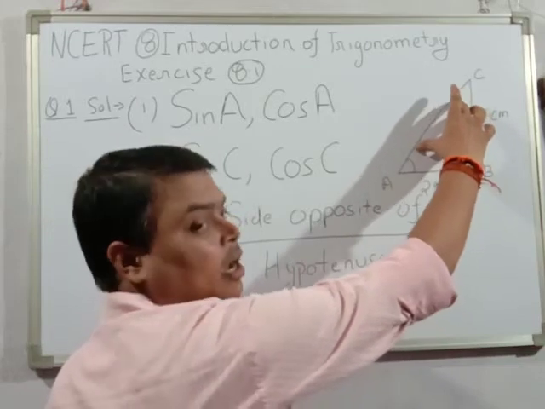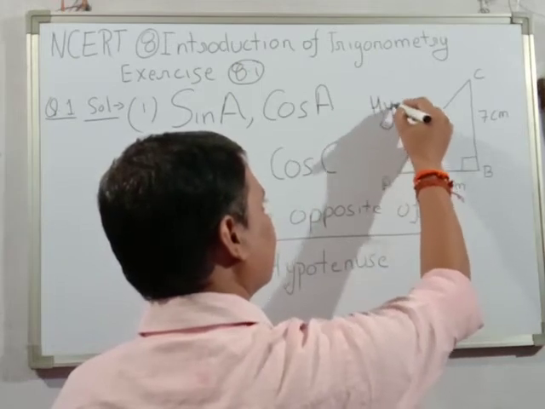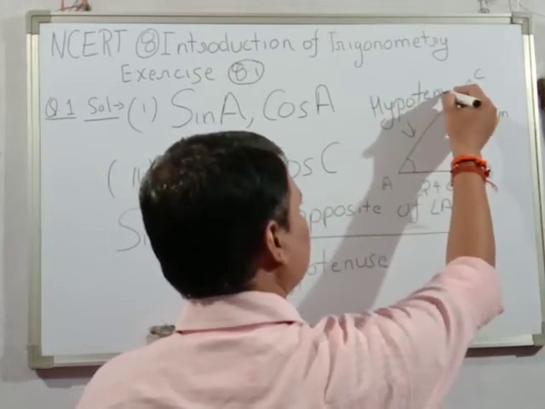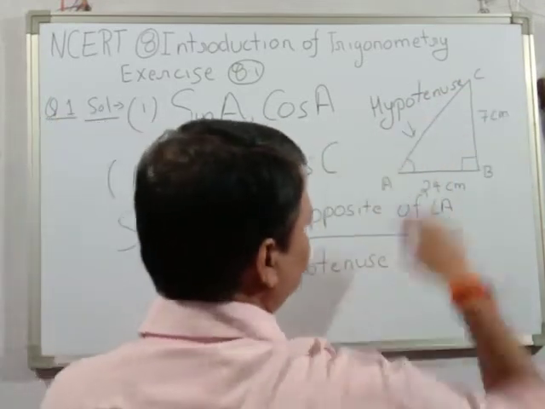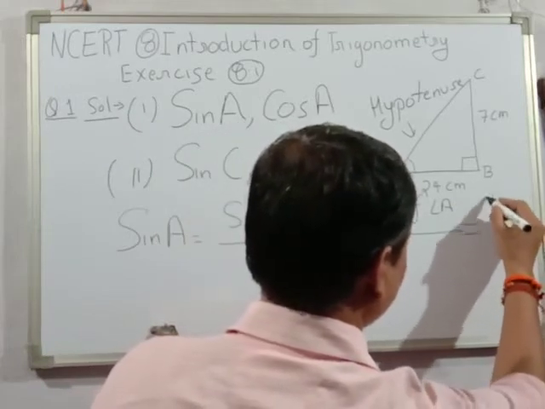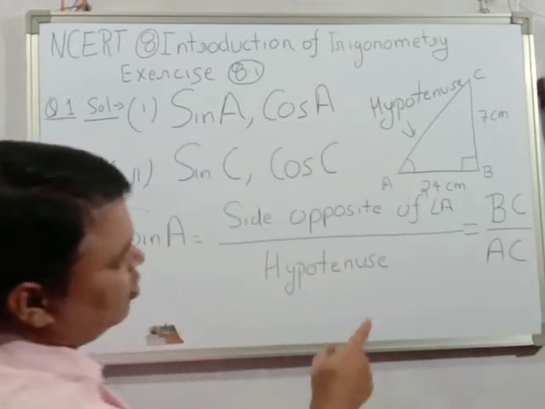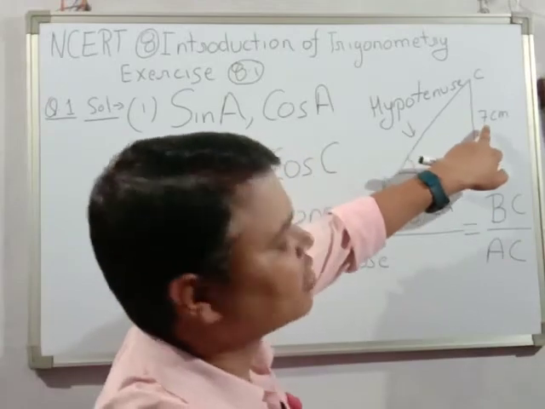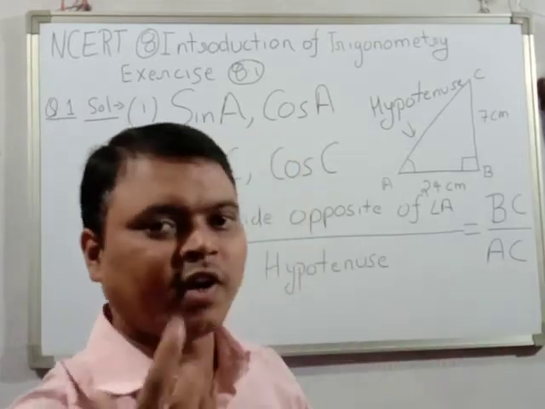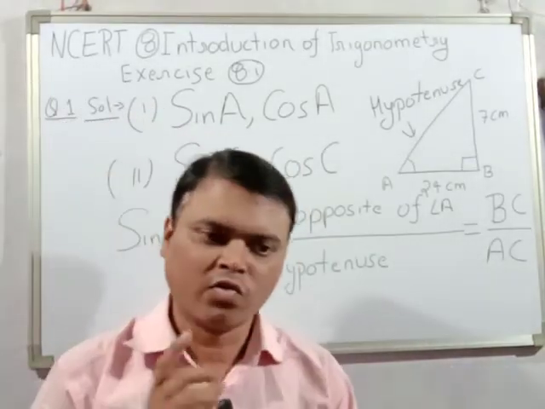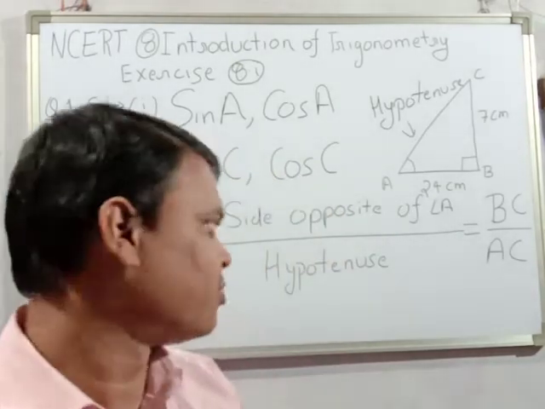This AC is the hypotenuse. So side opposite of angle A means BC upon AC. BC is given, that is 7 centimeter. So we have to find hypotenuse AC. How to find hypotenuse AC? Yes, using Pythagoras theorem.